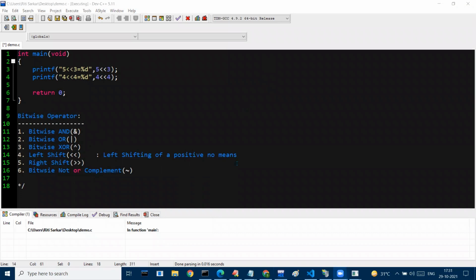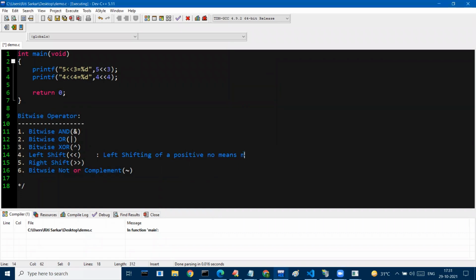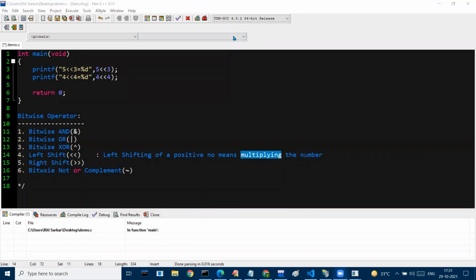Yeah, left shifting of a positive number means multiplying the number. So automatically you can understand that 100% the number is going to increase. Yes, Chetan, Madhulina, your answers are correct. Left shifting of a positive number means multiplication. That means the number will be increased.